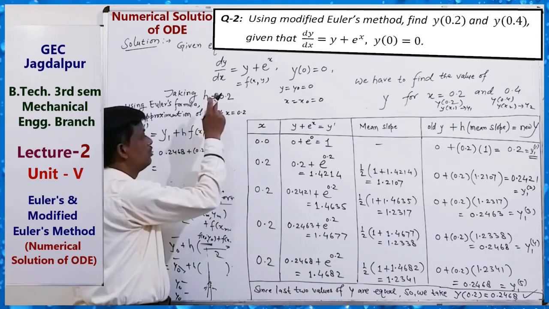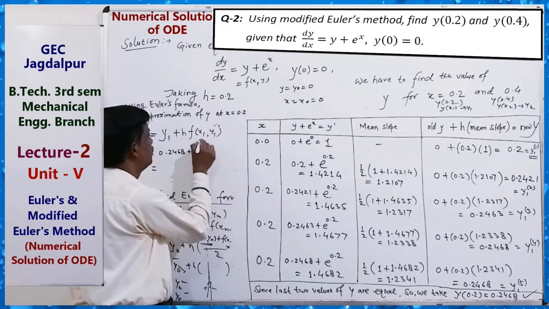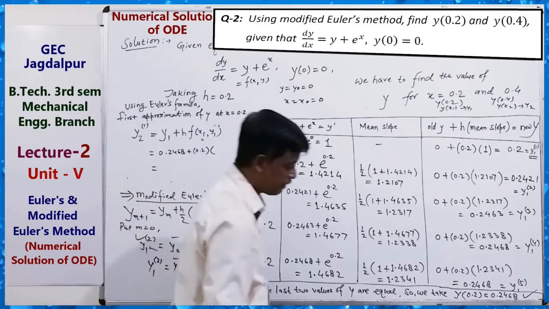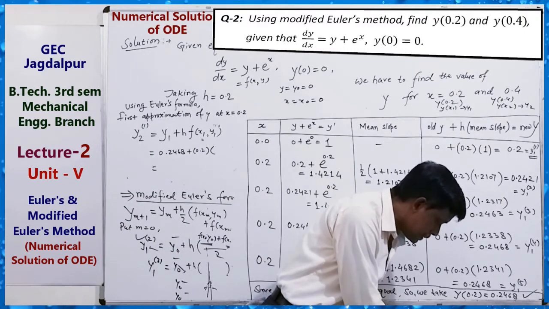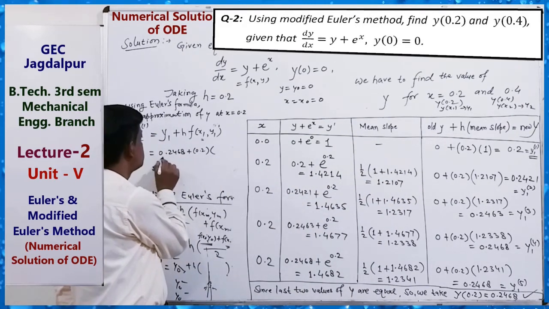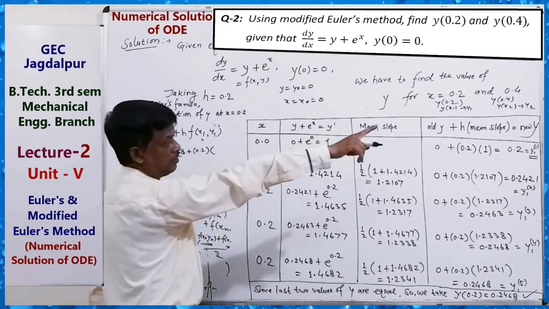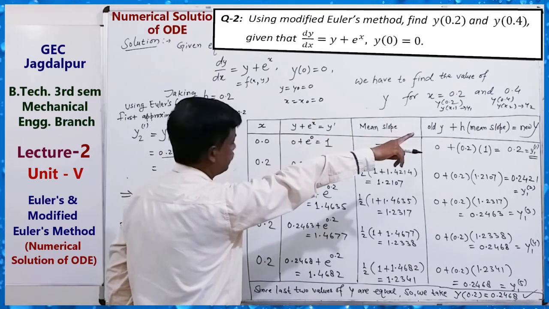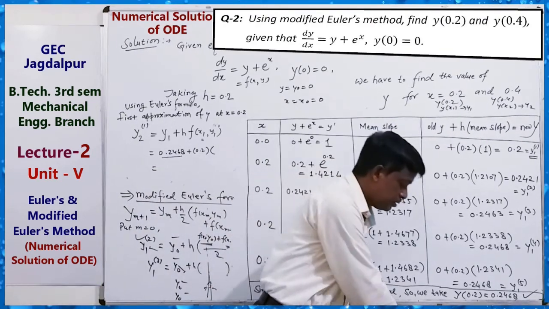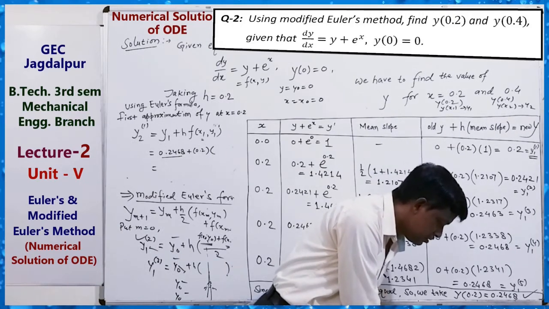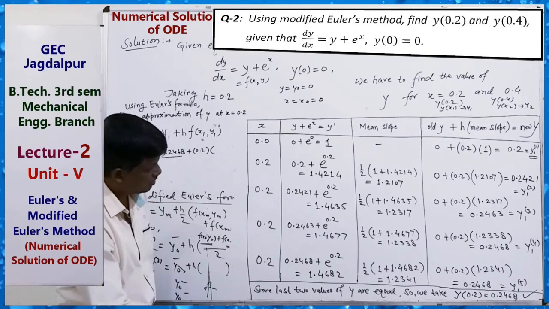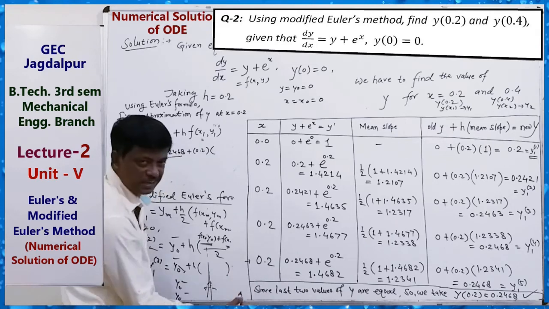What is y1? y1 is this. For the slope, we will use the previous slope, because of the previous stage.